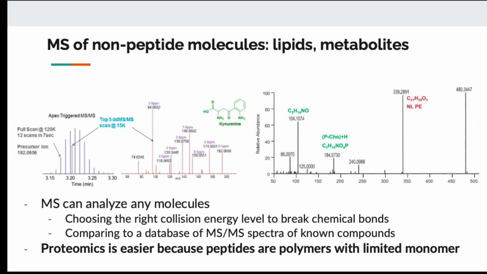But what you can always do, if you have a library of known compounds, is run the mass spectrometry on known compounds and get the spectrum. So when you have a new spectrum from your sample, you can compare it to the library of known compounds. And if the spectrum looks similar, then you deduce that maybe that's the compound in the sample.